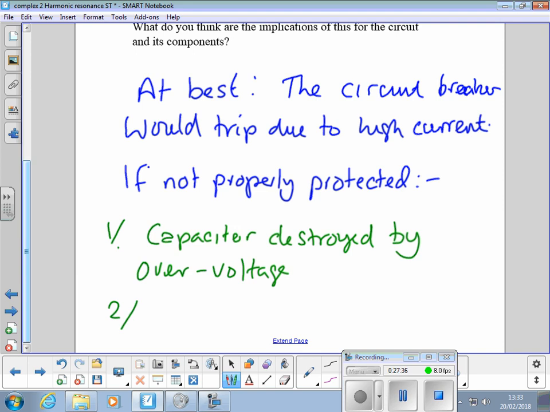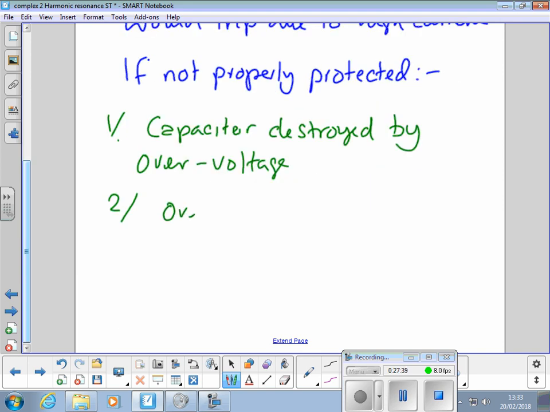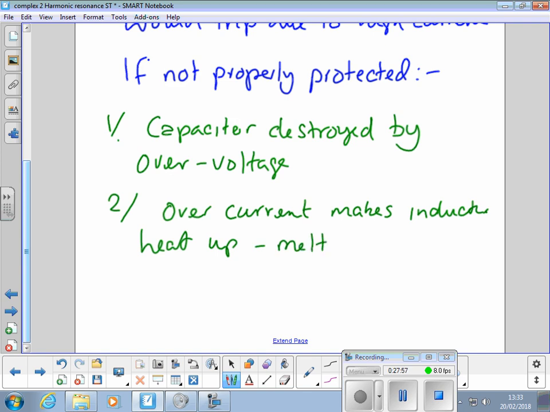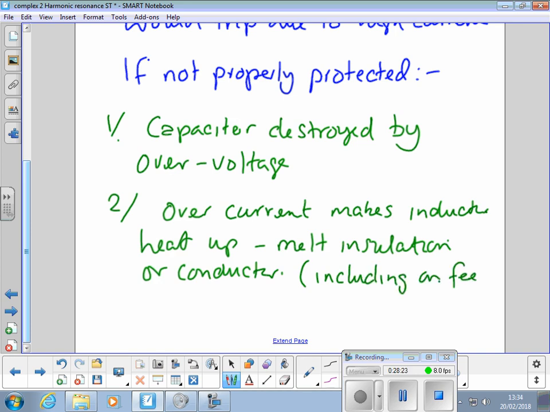Two: high current, higher than expected, including on the cables that feed it.